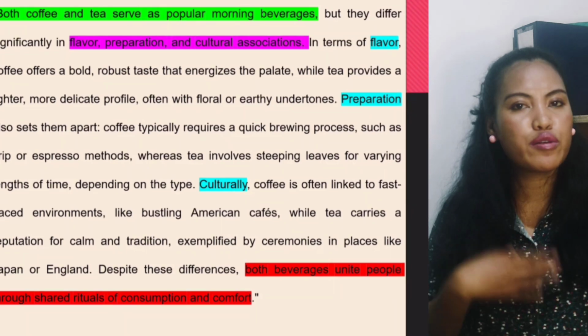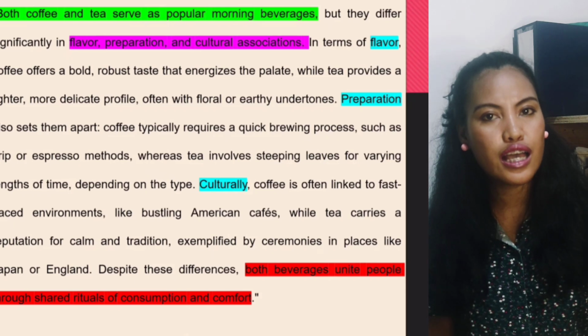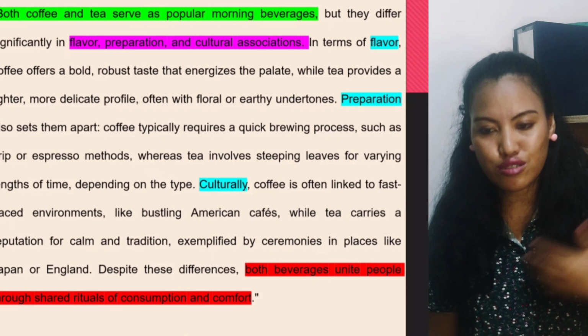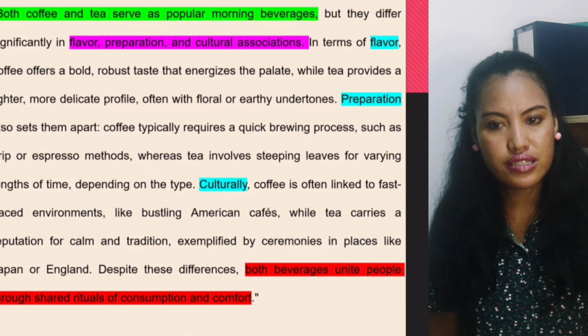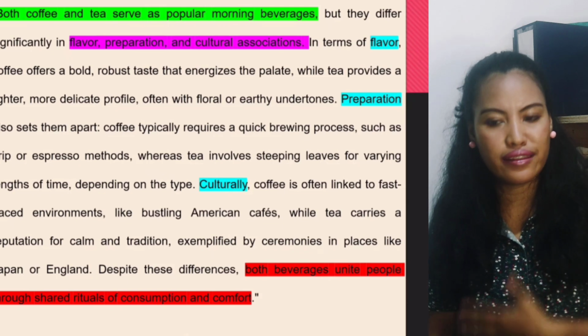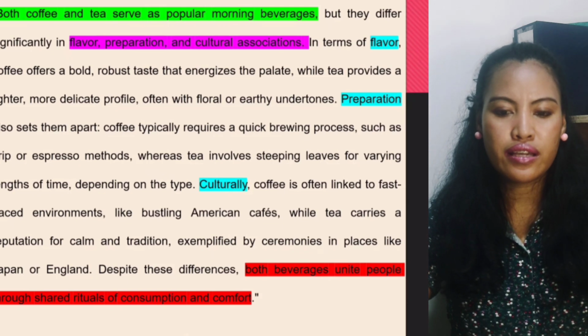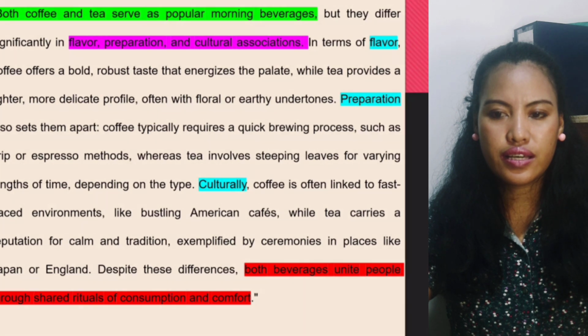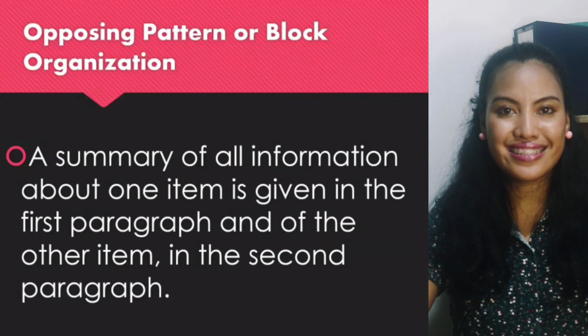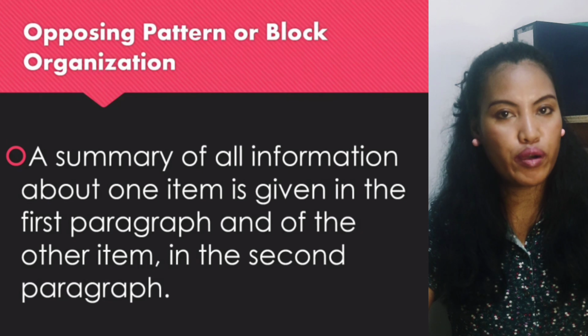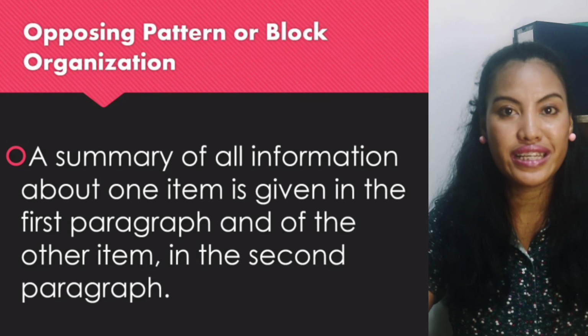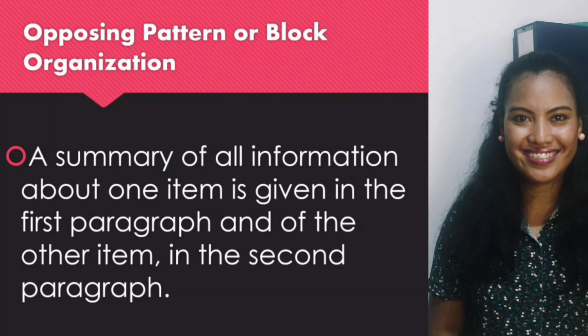So this is more like a conclusion plus the doling out to us of the similarities of items, coffee and tea. Okay, so yes, that is a point by point type of organization.